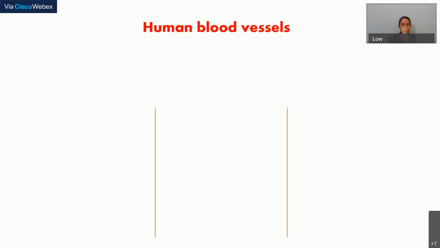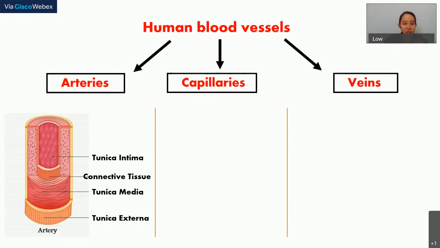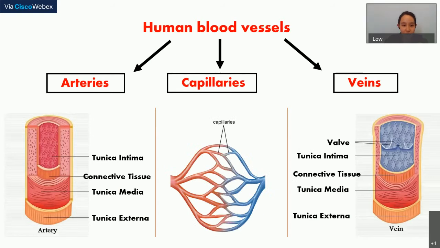So, humans basically have 3 types of blood vessels: the arteries, the capillaries, and also the veins. This is the picture for artery, capillaries, and veins. What's the difference? Difference between arteries and veins.